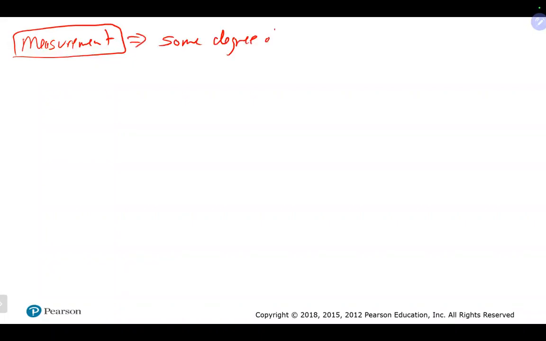Now, whenever we take a measurement, there is always some degree of uncertainty, no matter who takes the measurement. And the degree of uncertainty is determined by the actual piece of equipment that you use.